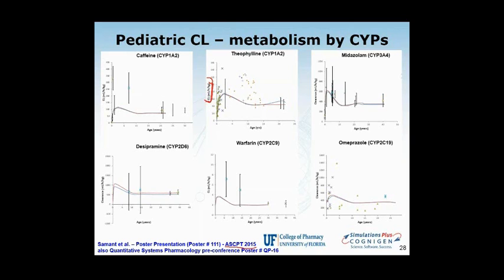The points are showing the observed clearances from different publications. And for some of these, we do have a bit of underprediction. For others, we have a very nice match. Again, midazolam, something that we would expect. But we also got a nice match for omeprazole across all the ages, accounting for high polymorphism of that enzyme.